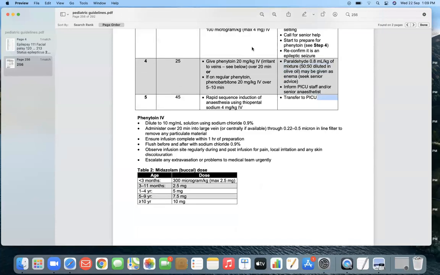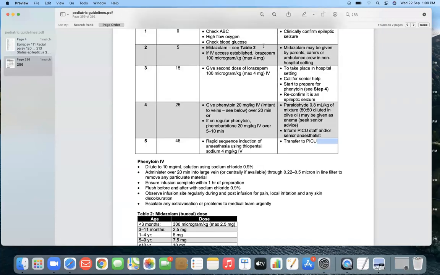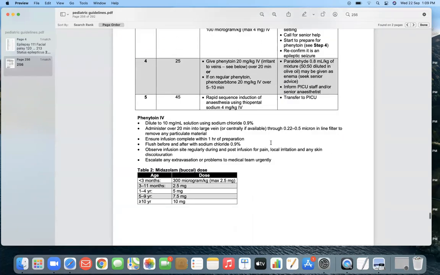So for us, the common thing is the first dose of lorazepam, then after 10 minutes, the second dose of lorazepam. Then after 10 minutes, if there's no improvement, you'll go for phenytoin. If the patient is on phenytoin, your choice will be phenobarbital. Then after 20 minutes, you will make the anesthetist ready, and also preferably transfer the patient to PICU, for rapid sequence induction of anesthesia.